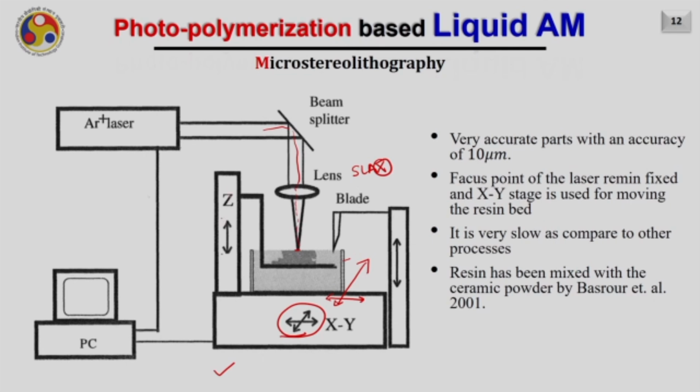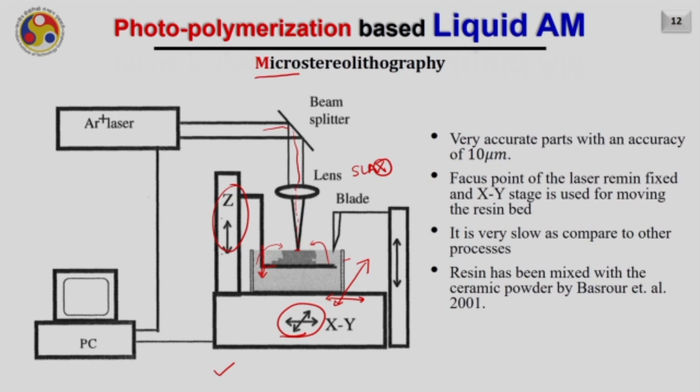Even in this case, the Z axis is attached with the build plate, and each time after completion this particular bed will go down and hence the new layer of the liquid will flow over it. So why are we calling it really microstereolithography?